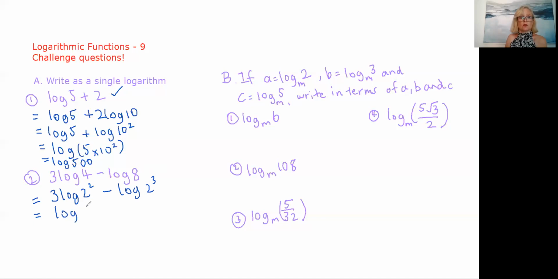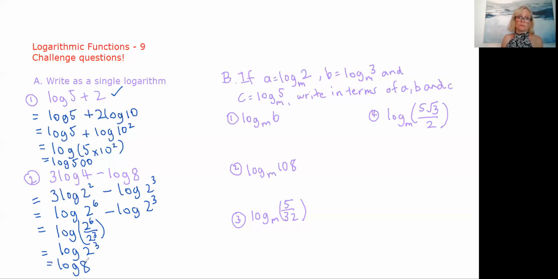So this is really log of 2 to the 6 minus log of 2 cubed. Now, if you're subtracting logs, you're going to divide the powers. So this will be log of 2 to the 6 over 2 cubed. And we know that we subtract the indices, so that's just log of 2 cubed. 6 minus 3 is 3, and so that's just log of 8.